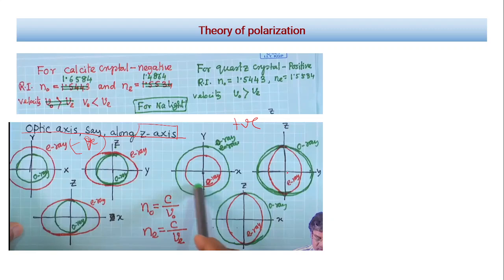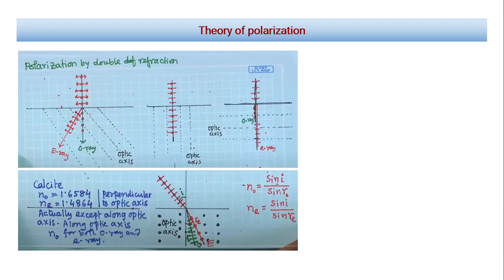When I plot between z and y, the O ray will always be a circle because its value is unchanging. But for the E ray, along the z axis its velocity is less, whereas along the y axis it's more. So this is the different ellipse and circular behavior we see.